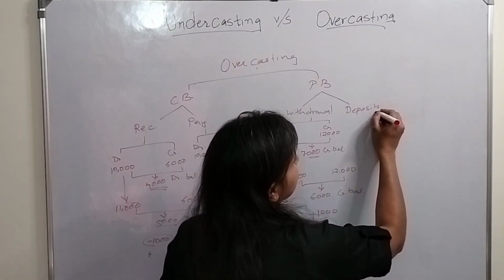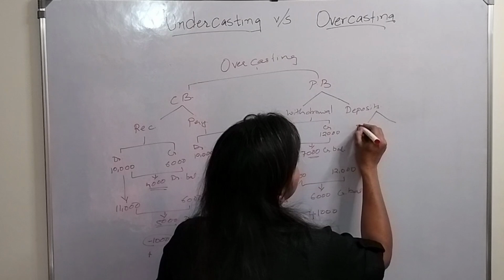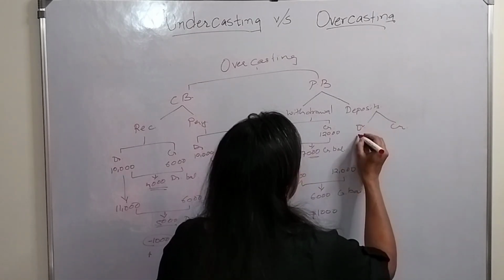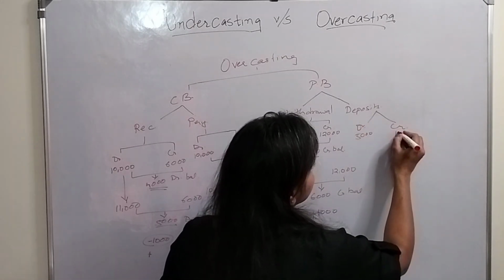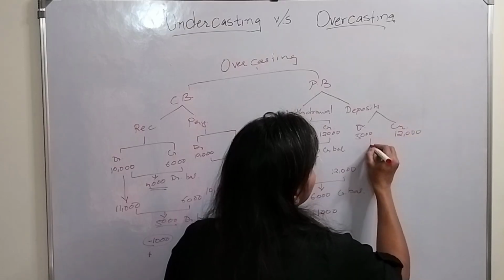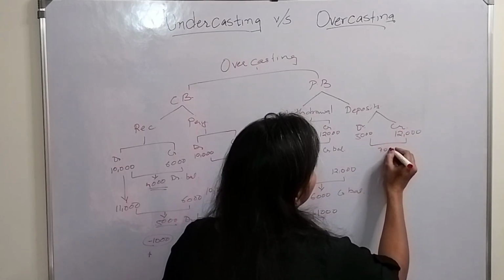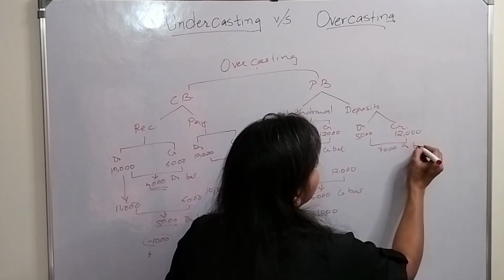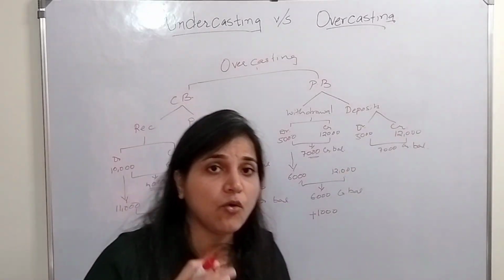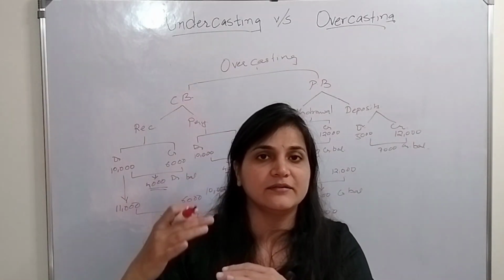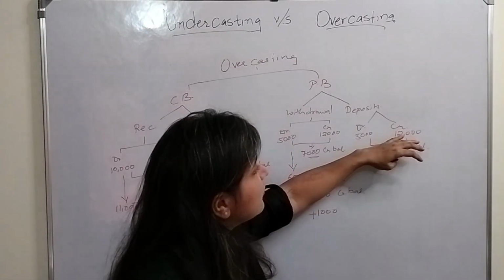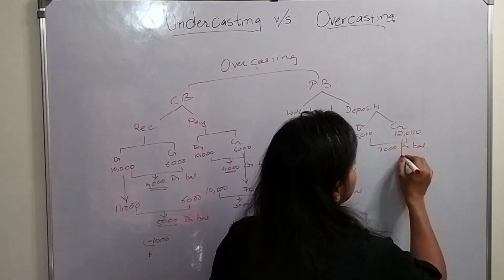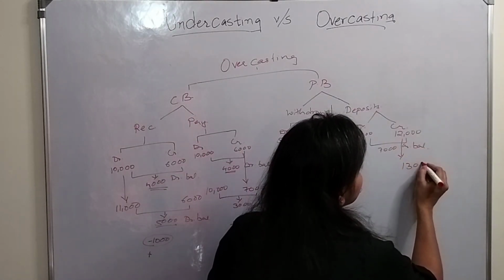Similarly on the deposit side, I'm taking the same amounts, withdrawals 5,000 and deposits 12,000. It should show a credit balance of 7,000. But the bank has overcasted: instead of 12,000 they have considered deposits as 13,000.